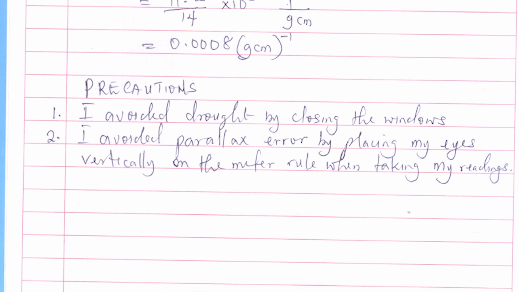Number two, I ensured that when I'm taking the reading from the meter rule, I take the reading standing vertically to the unit that I want to take so that I will not be taking a wrong reading. Ensure standing vertically to avoid parallax error of taking a wrong reading.